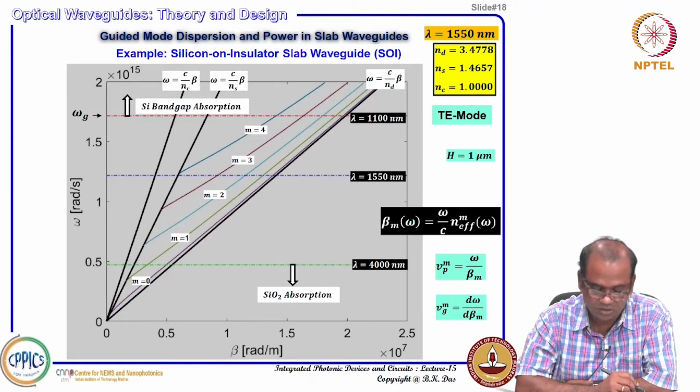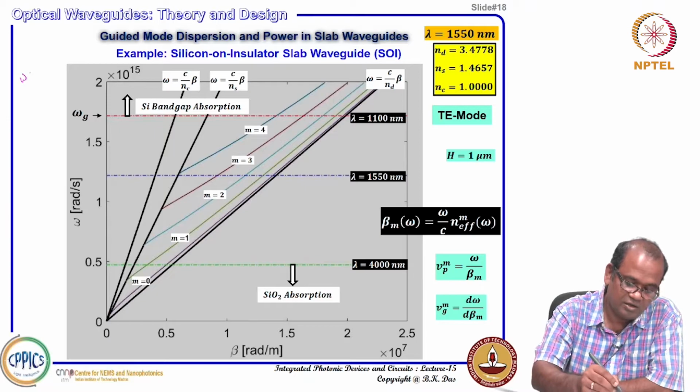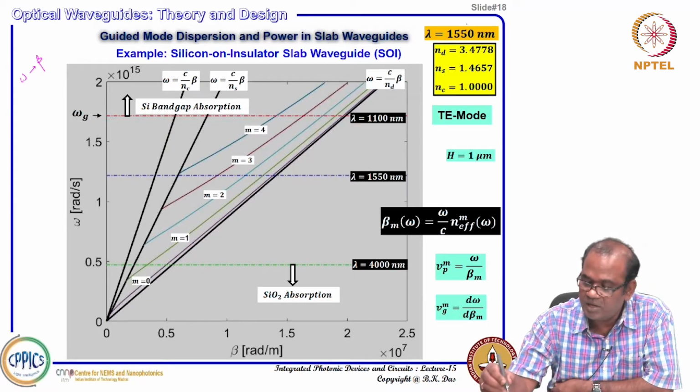So, in this example, we have just tried to plot the omega beta curve, considering lambda equal to 1550 nanometer, and we consider this refractive index is constant for the entire frequency span.